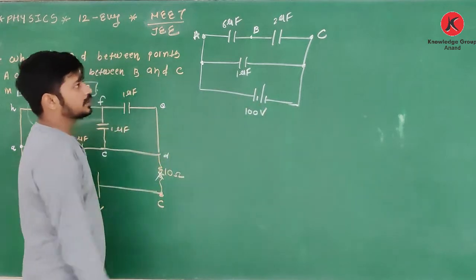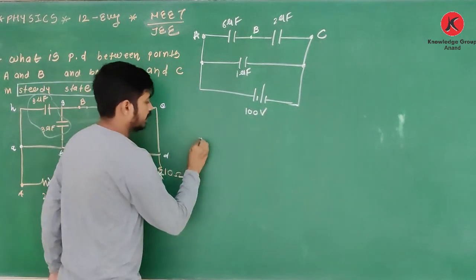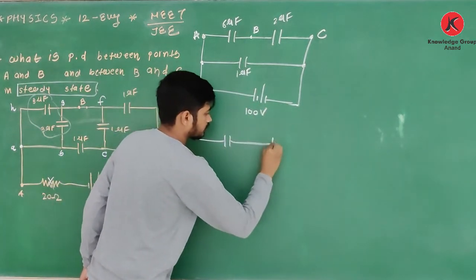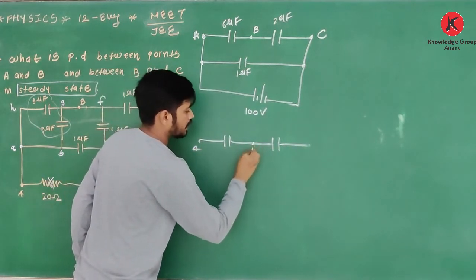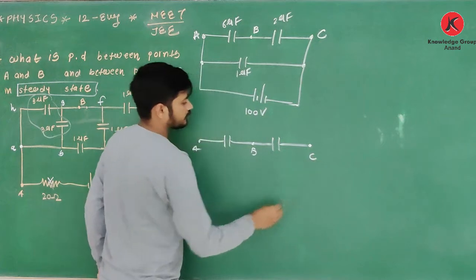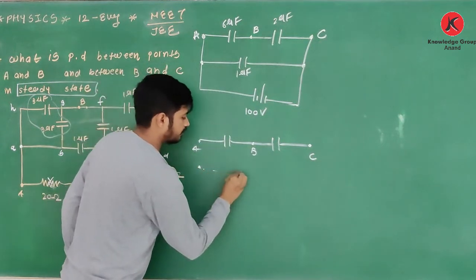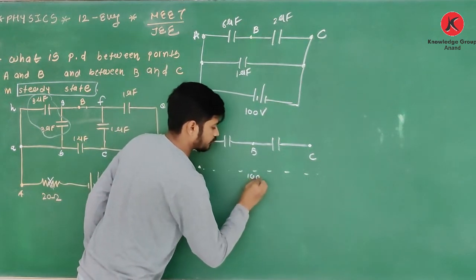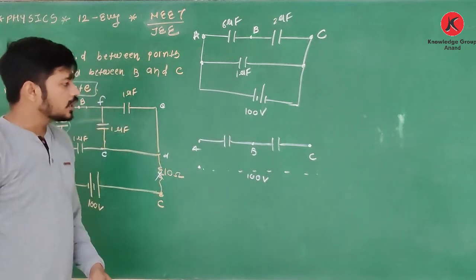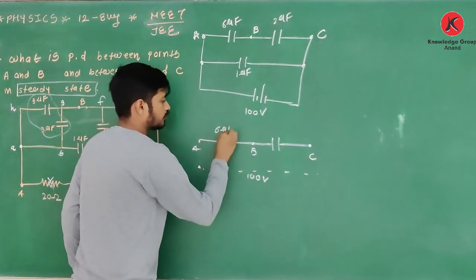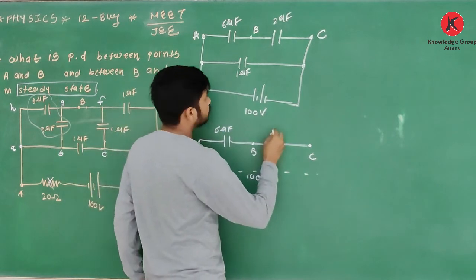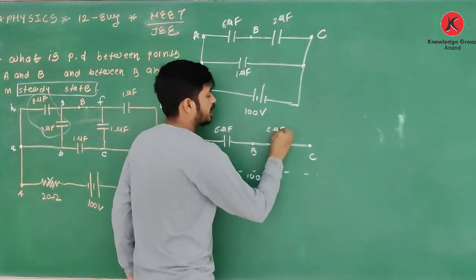It is also 100 volt. Yes or no? So I can draw like this. It is A, it is B, it is C, and the potential difference between these two ends is 100 volt. It is of 6 microfarad and it is of 2 microfarad.